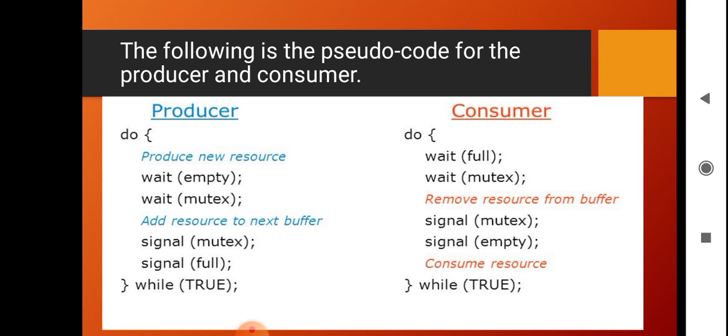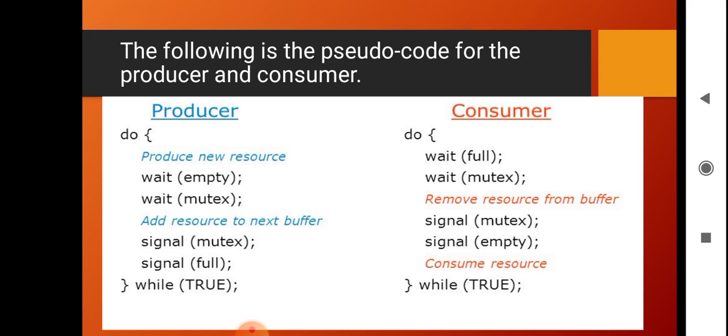As we already know, wait and signal are the two operations of a semaphore. So wait is nothing but what? It is going to decrement the value of a semaphore. And similarly signal is going to increment the value of a semaphore, that is S minus and S plus we have done. Clear?